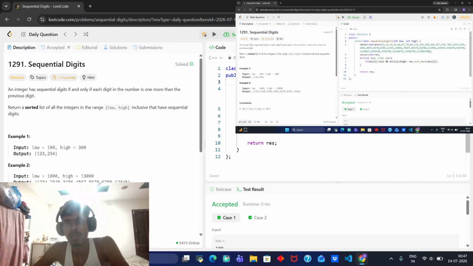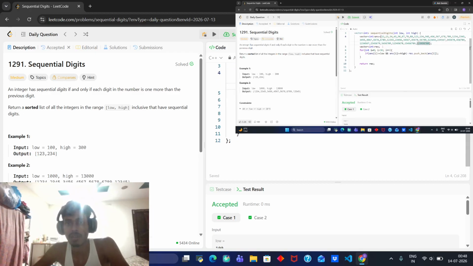Using that observation, I have stored all the sequential digit numbers that are greater than or equal to 10 and less than or equal to 10 to the power 9.